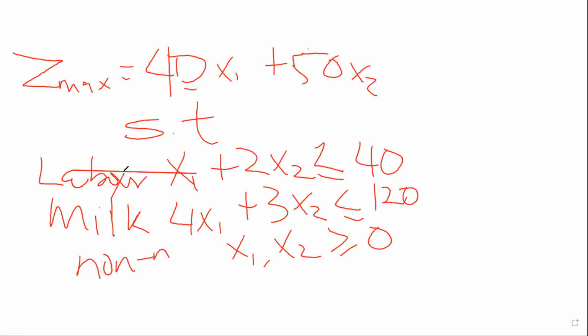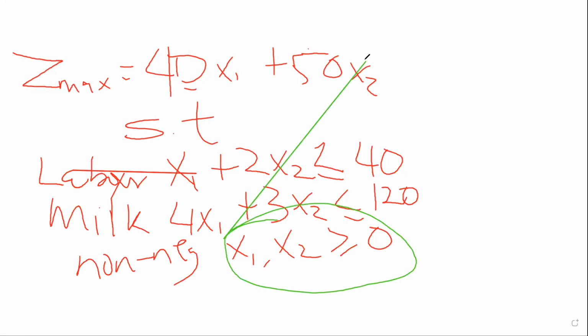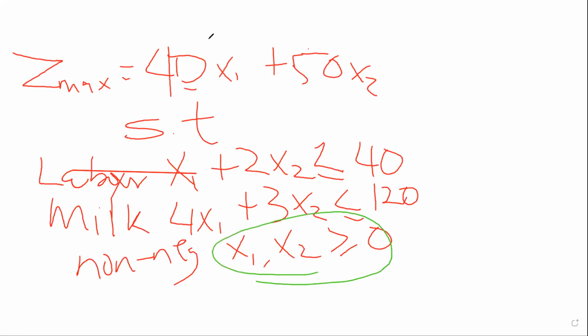What is interesting about it is that if you don't take care, you will not know how to draw it, but actually your Cartesian plane is your non-negativity constraint. I'm going to go to the next page and do that.